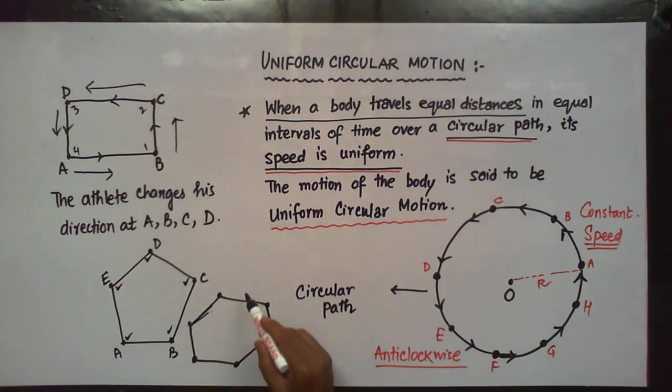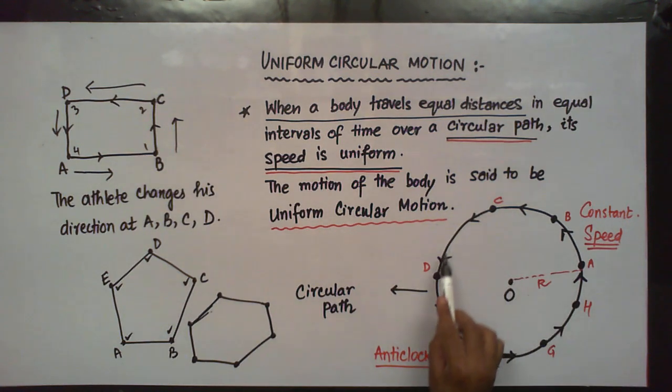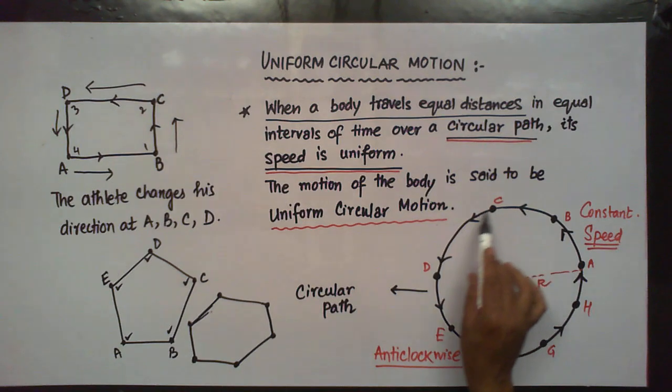Now if we compare these polygons with a circle, how many times would the athlete change the direction if the person is moving in the circular path? Imagine yourself running in a circular path.